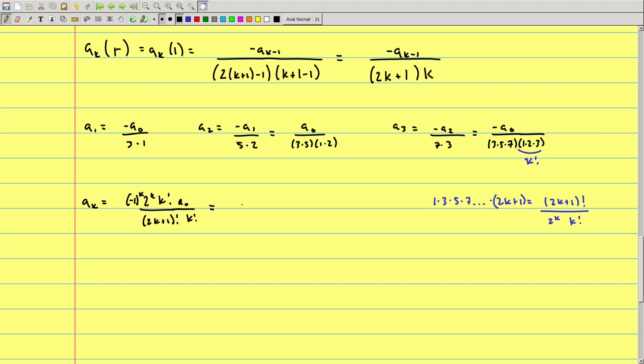So simplified, this looks like -1 to the k power, 2 to the k power, a naught all over 2k plus 1 factorial. Therefore, our first solution looks like x times this series.